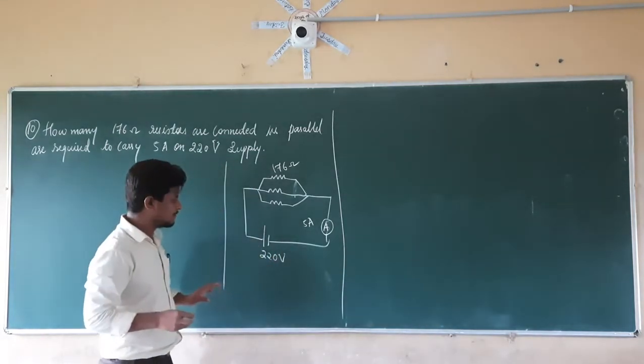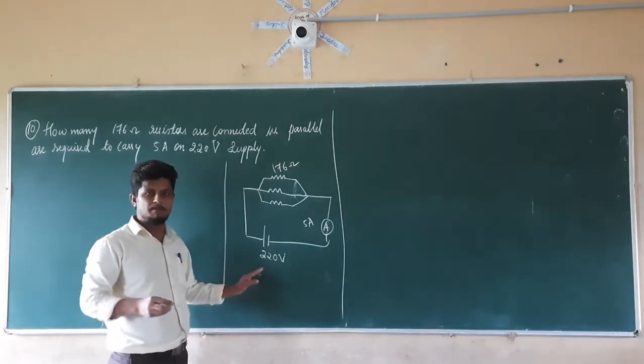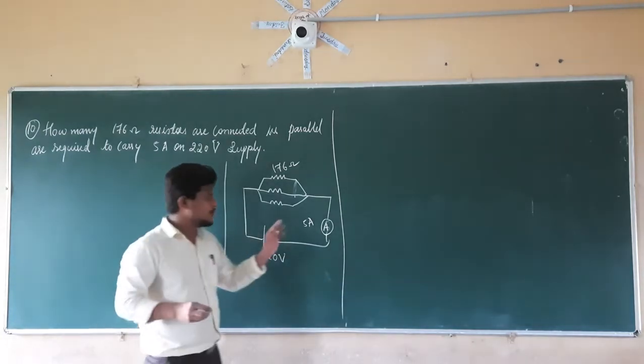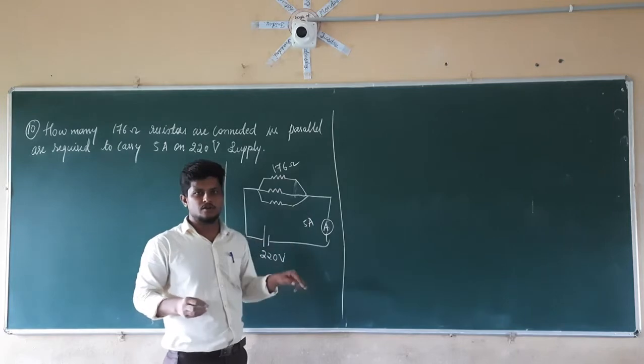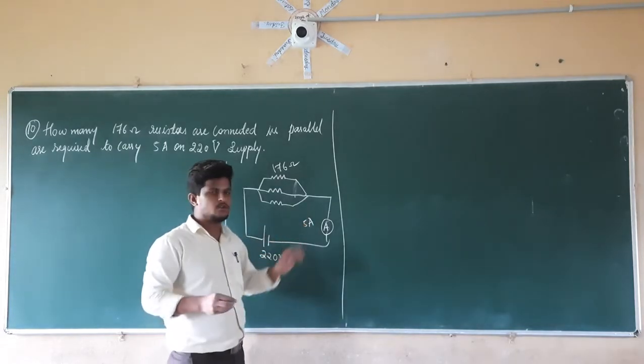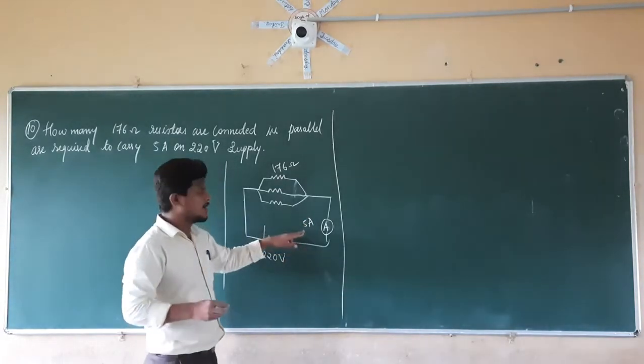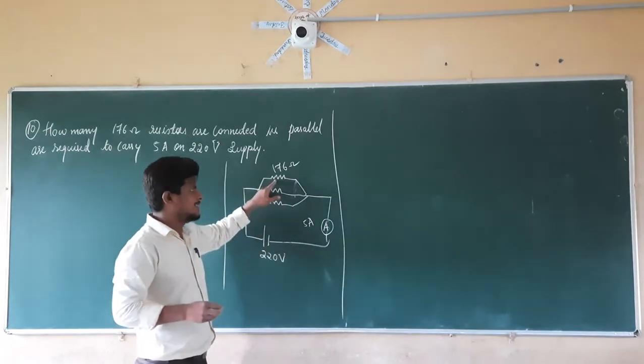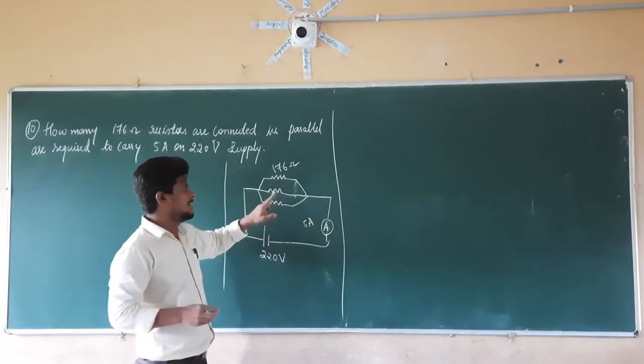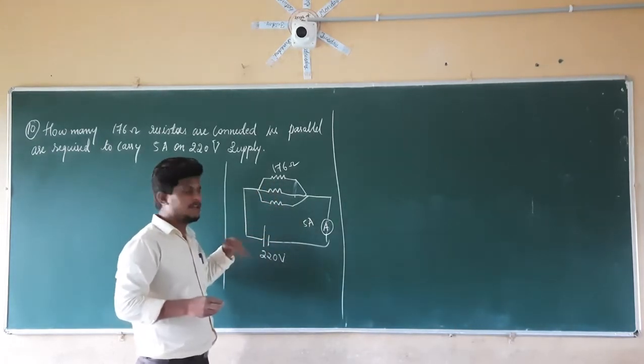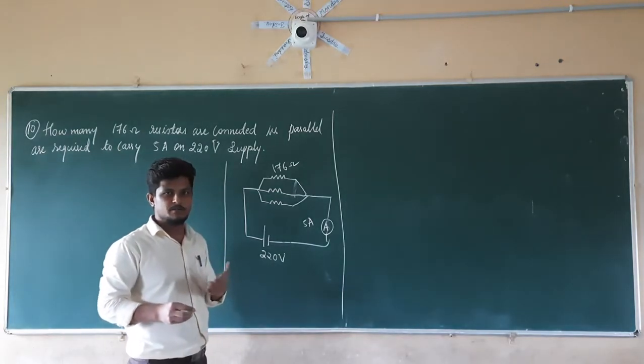So if you see here, we know the total voltage supply. We know the total current which is going in the circuit. Where is this total current going to come from? It is the sum of the currents coming from each resistor, this resistor and below it another resistor, so that we don't know the number of resistors.